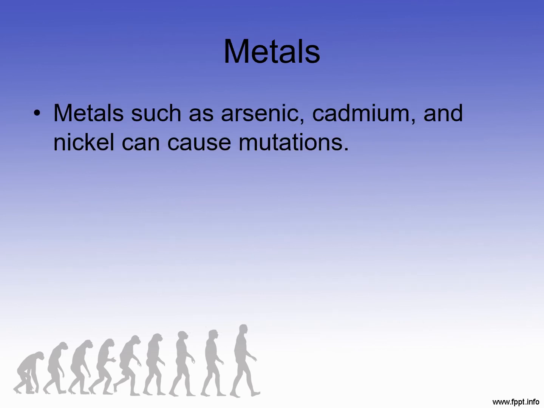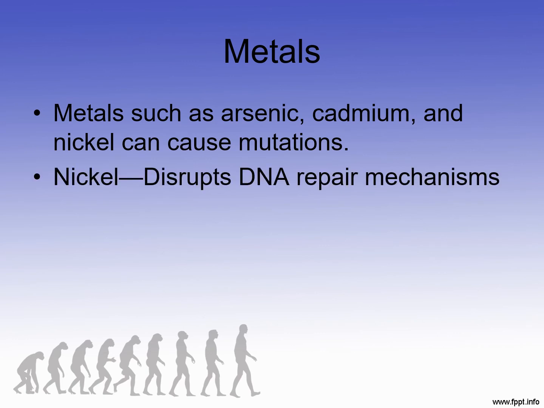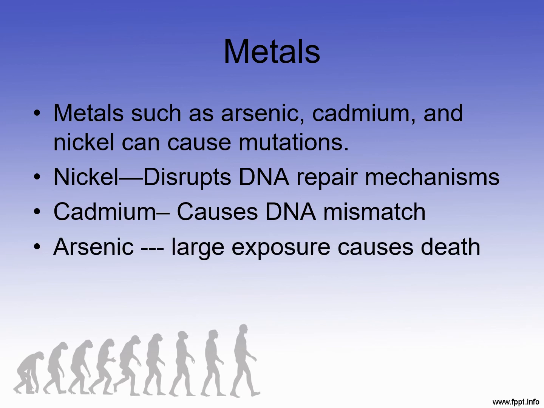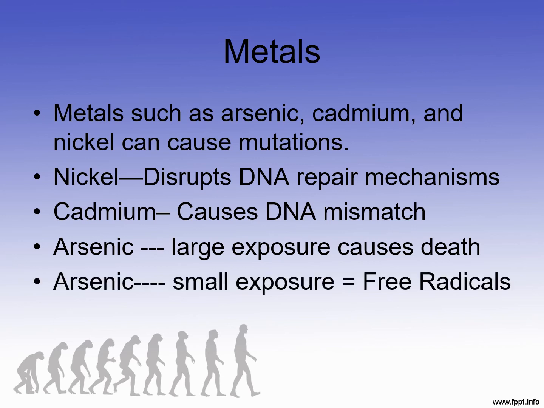If we look at metals, such as arsenic, cadmium, and nickel, they can cause mutations if you have long-term exposure. Nickel will disrupt your DNA repair mechanisms. Cadmium will cause DNA mismatches during somatic cell replication. And arsenic, large exposure, of course, causes death. Small exposure causes an increase in free radicals within your body, which damages cell function, right?